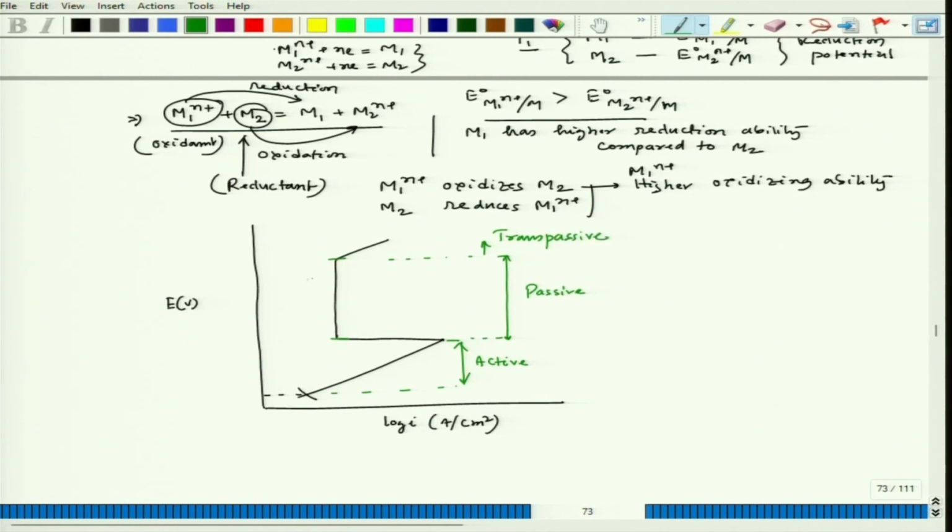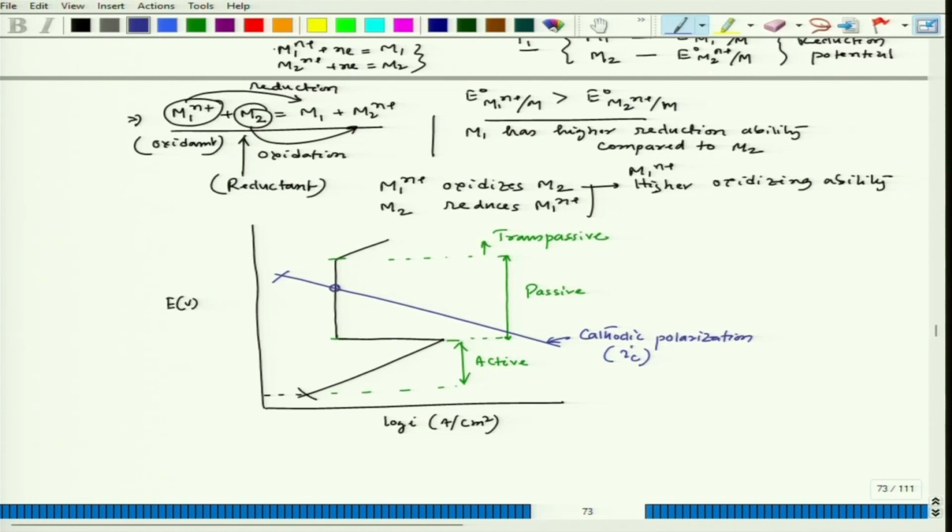Now, in this case, initially the material is in the passive zone. So, it maintains passivity. Now, interesting is this is the cathodic part, corresponding to IC, or the cathodic current density.